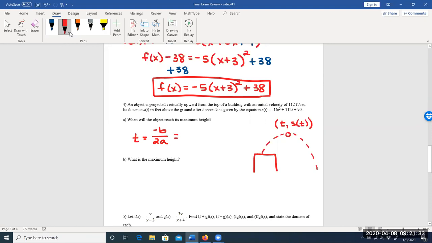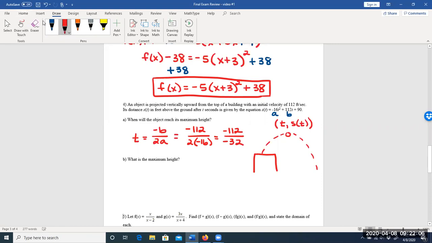So our b is 112. So here's our b, this is our a. So negative b would be negative 112. And then 2 times a would be 2 times negative 16. So we have negative 112 over negative 32.